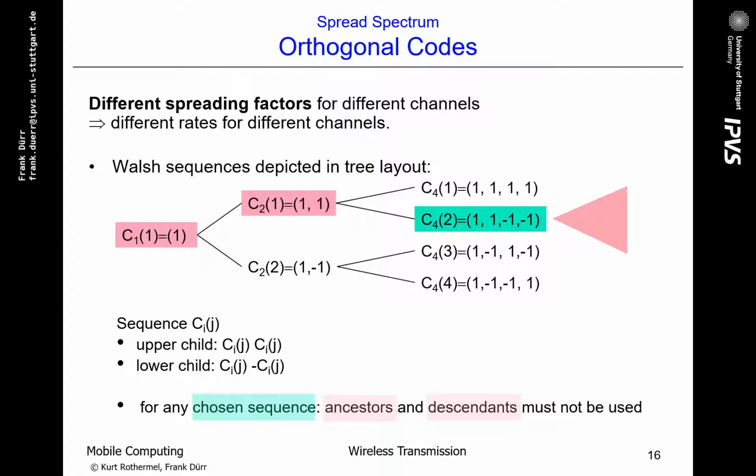The trick is in the construction of the tree. We put all the codes that are not orthogonal to each other into one line, into one branch. For instance, if you look at this code here, 1, 1, and this code here, 1, 1, 1, 1, then you directly see that this code is a part of that code.